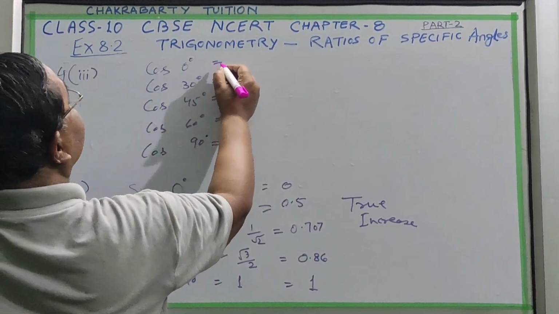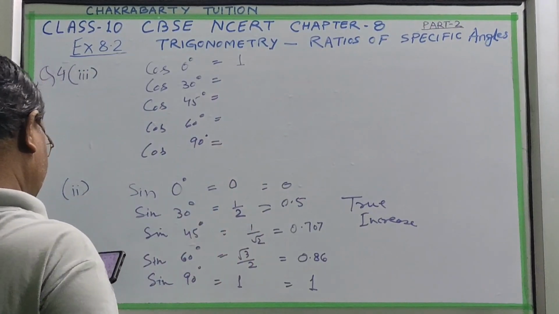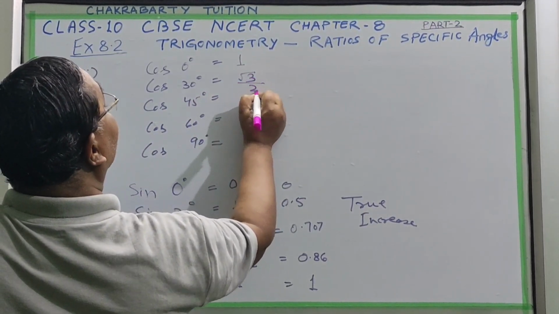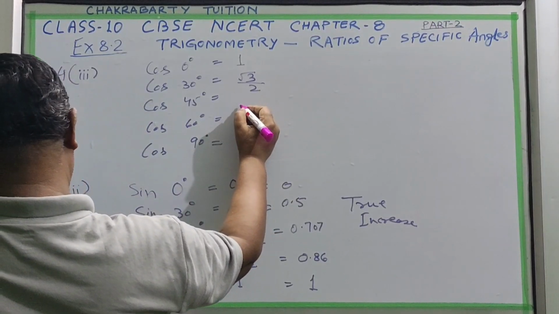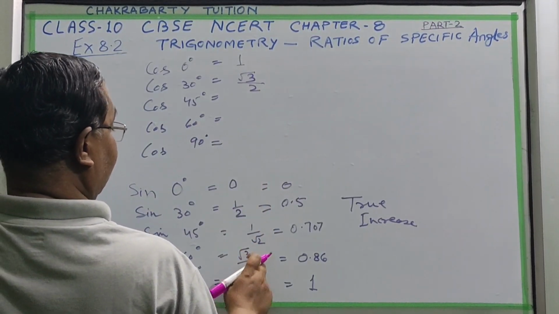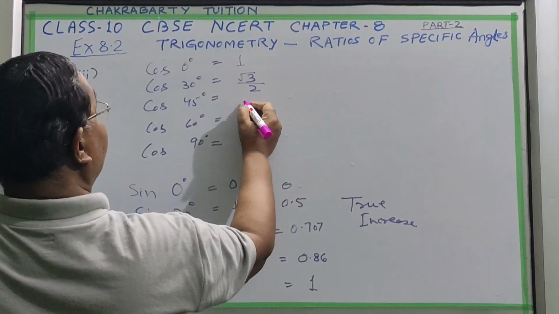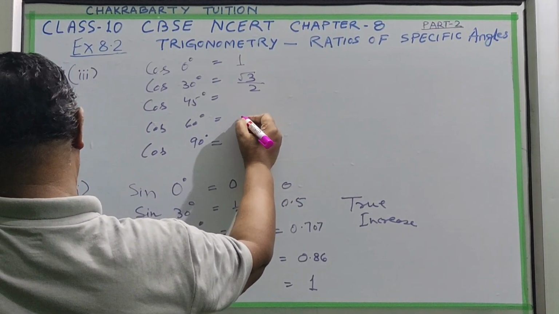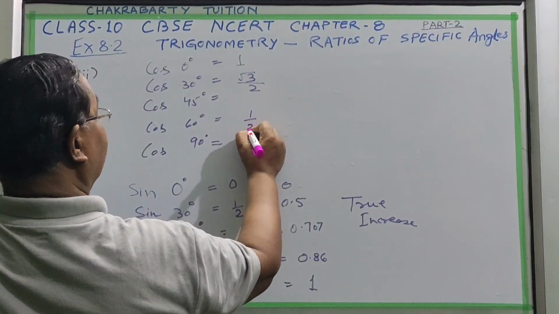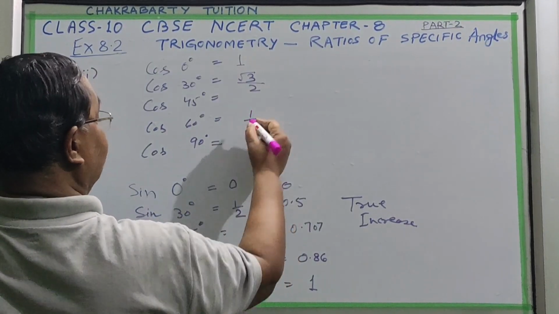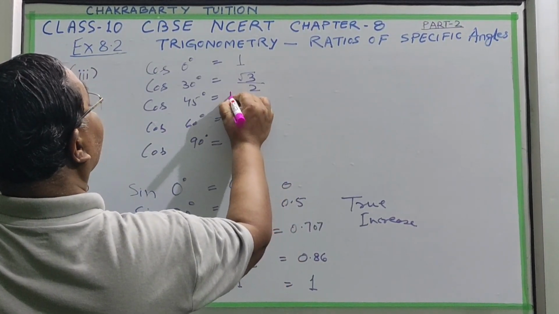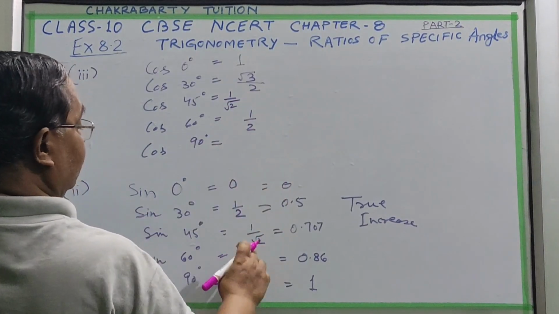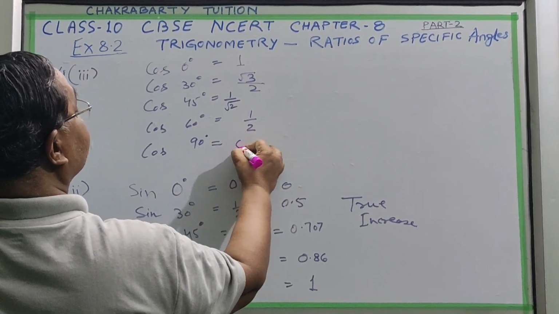Okay. Cos 0 degree is equal to 1, and cos 30 is equal to under root 3 by 2. Cos 45 is 1 under root 2, cos 60 degree is 1 by 2, and cos 90 will become 0.